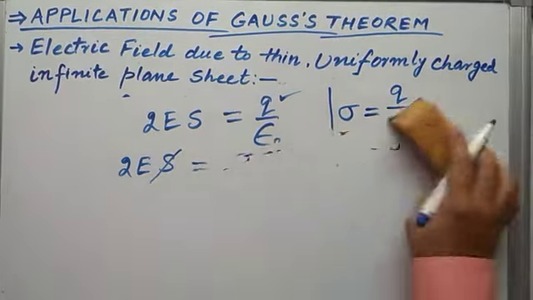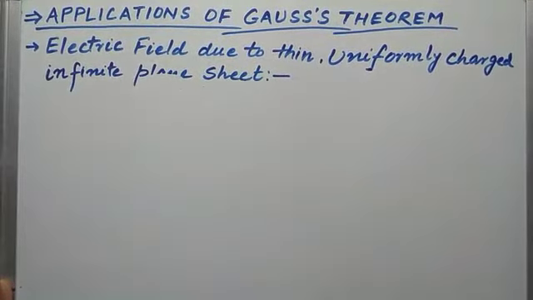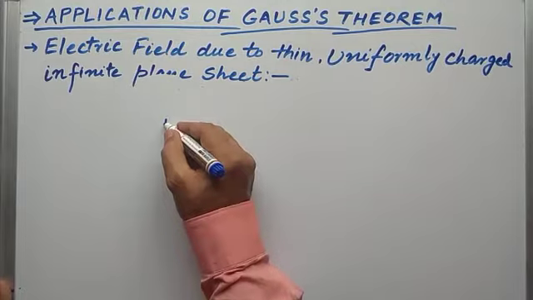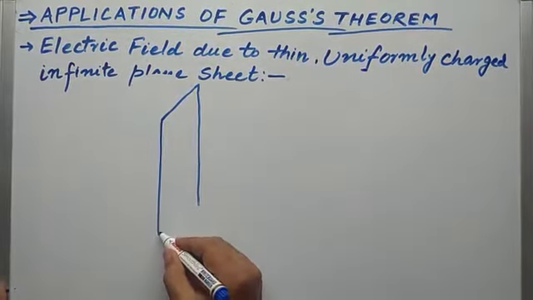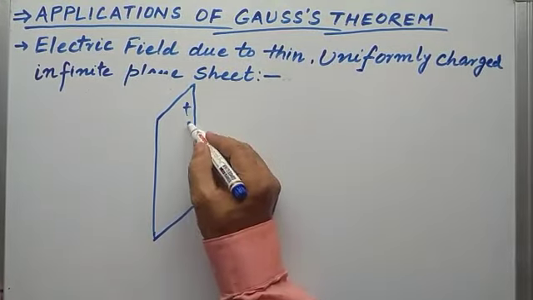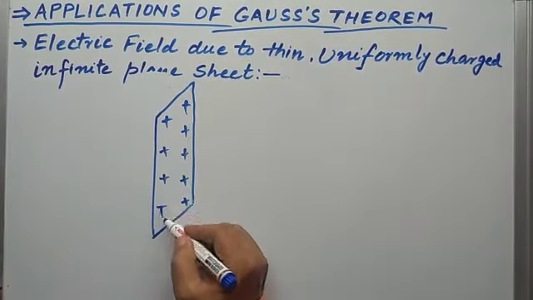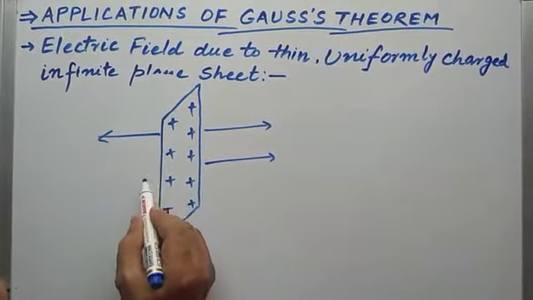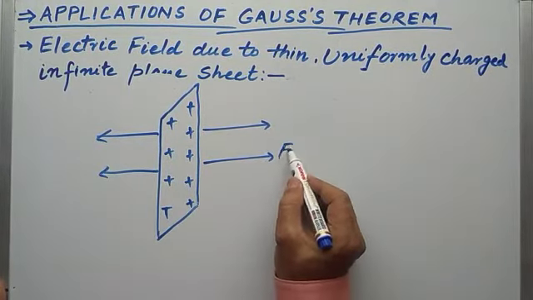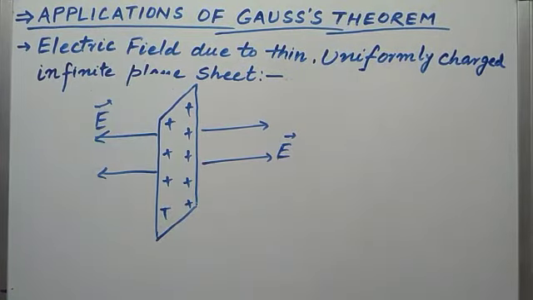Now we can draw the electric field lines. Suppose we have a positively charged sheet. Then the electric field due to the sheet will be normally outward, like this. Suppose this is the sheet in my hand.